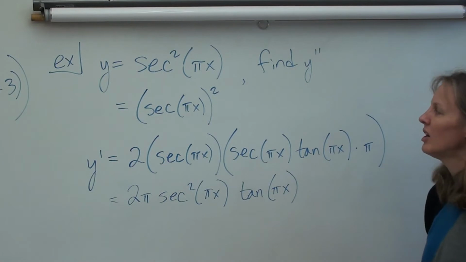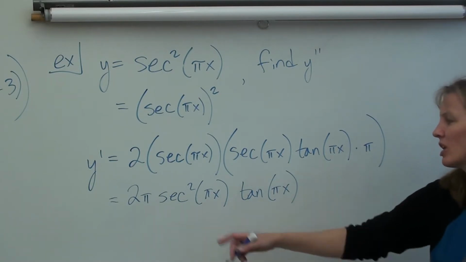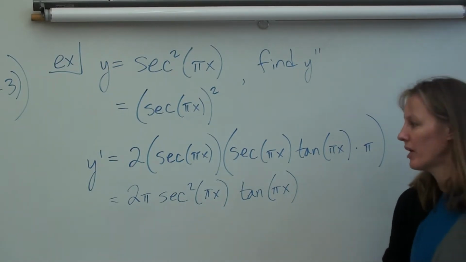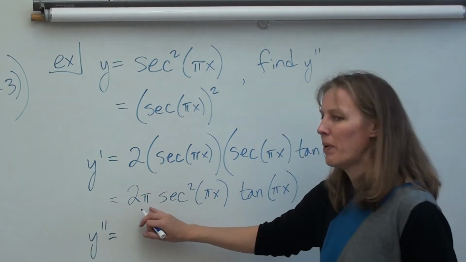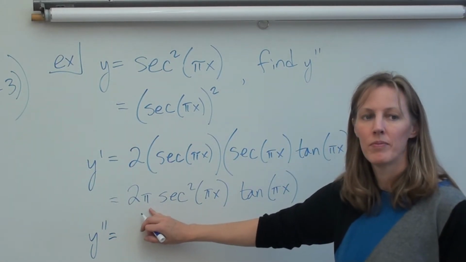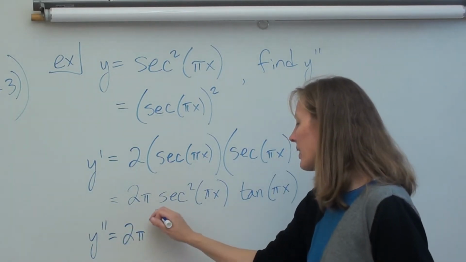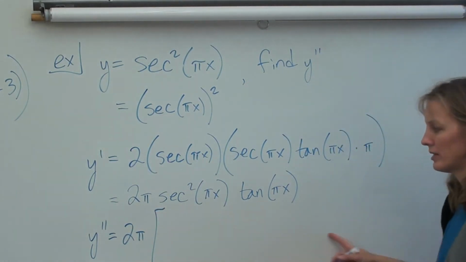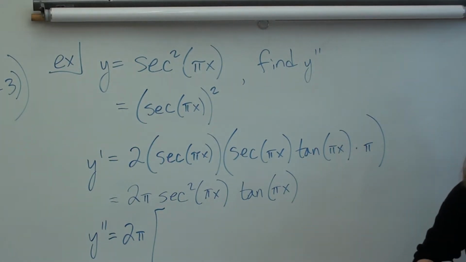I got that. Awesome. Now we get to do a lovely product rule, right? And a chain rule within the product rule, right? So everyone take, by the way, I'll give you a start. 2 pi, is that a variable? It's a constant coefficient. So the 2 pi can just get multiplied by whatever you get. So everyone take a moment and see if you can find y double prime.